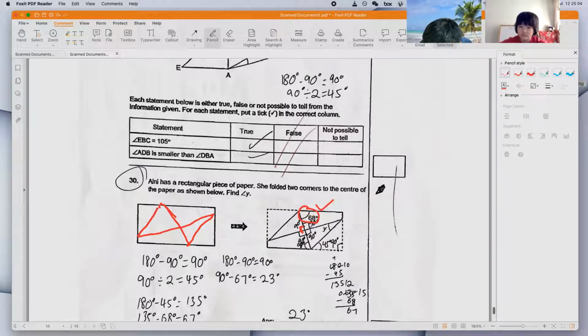And to the center. Okay, good. Hold on. Let me just get the center out first.